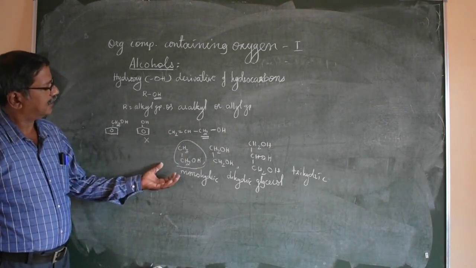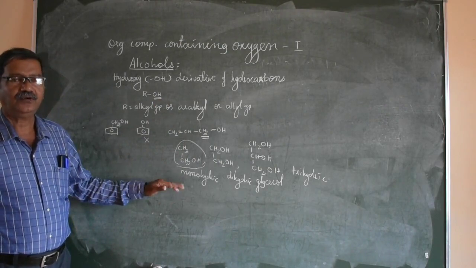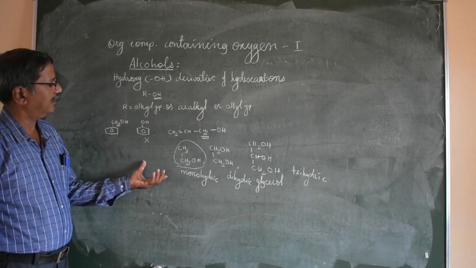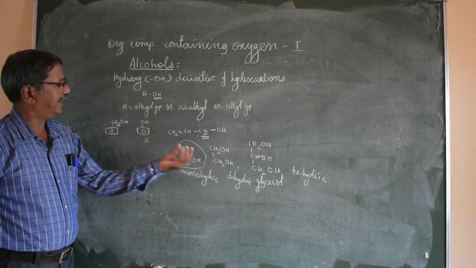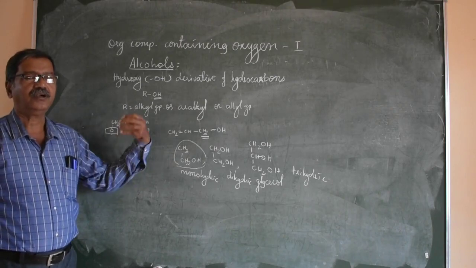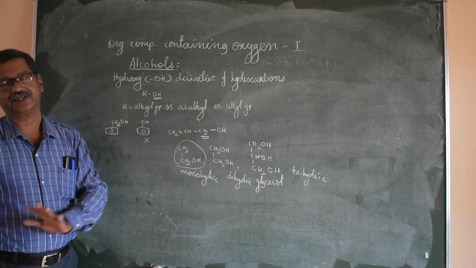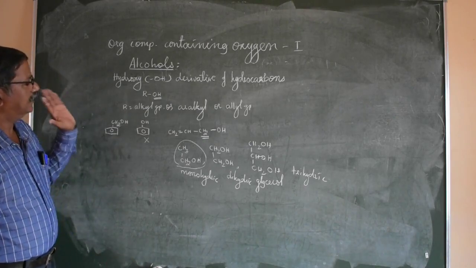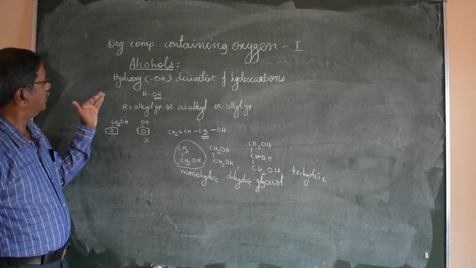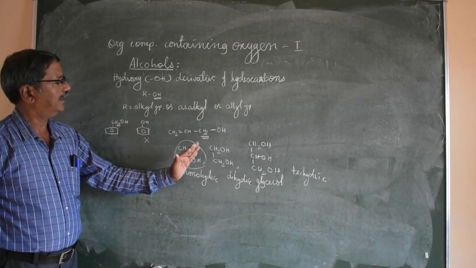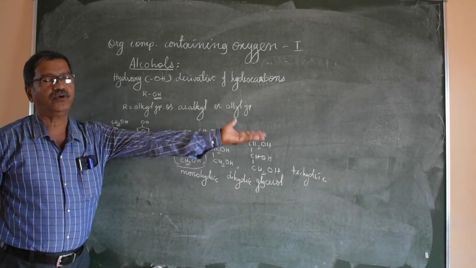Monohydric alcohols are again classified into different categories, based on whether the OH group is attached to an sp3 hybridized carbon or an sp2 hybridized carbon. So first we classify alcohols into monohydric, dihydric, trihydric and polyhydric alcohol.